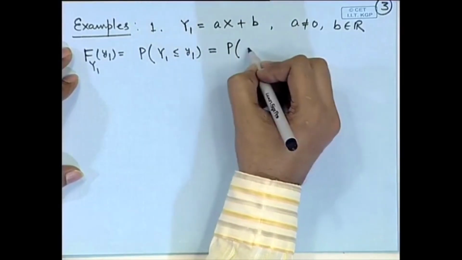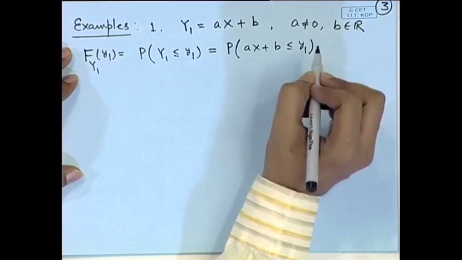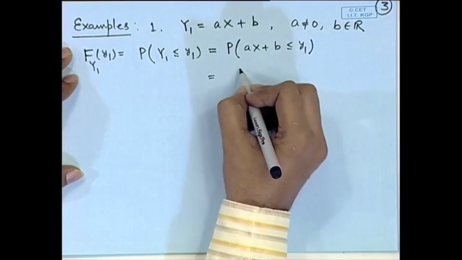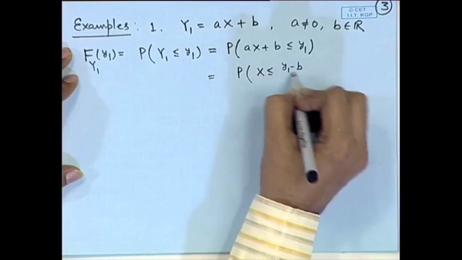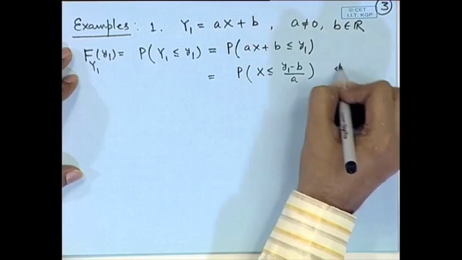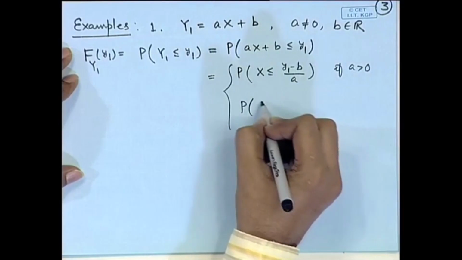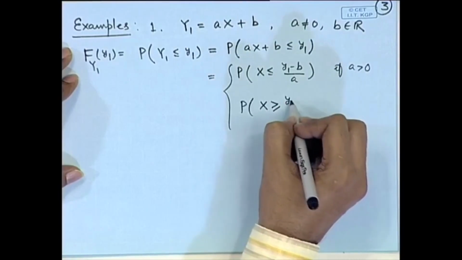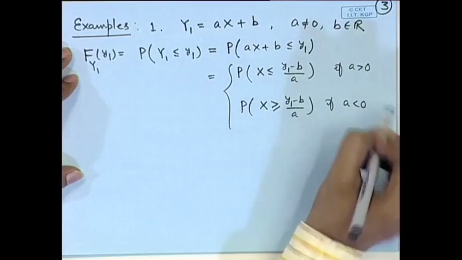Now, this is a x plus b less than or equal to y1. This can be expressed as probability of x less than or equal to (y1 minus b) by a if a is positive, and probability of x greater than or equal to (y1 minus b) by a if a is negative.